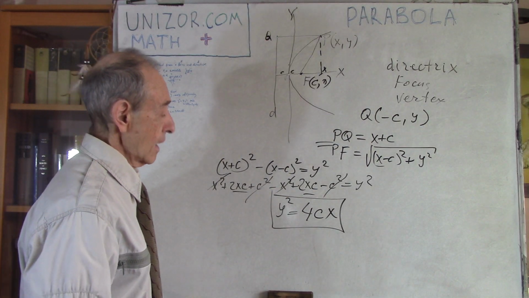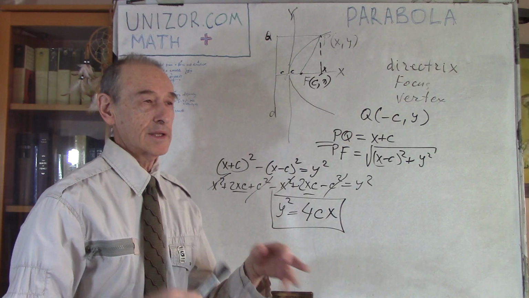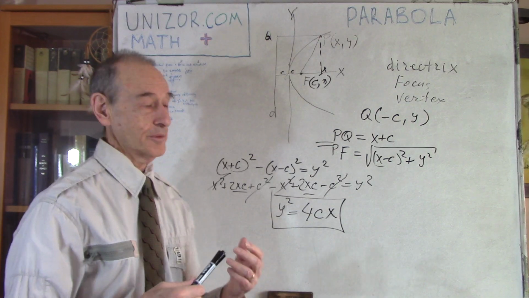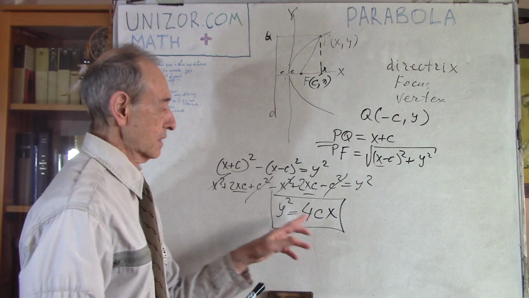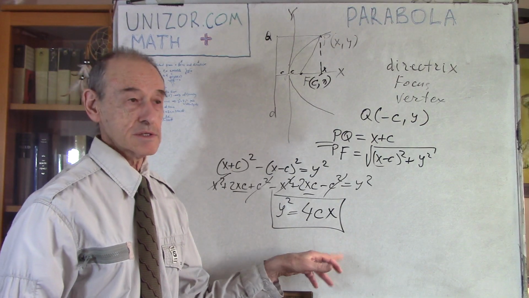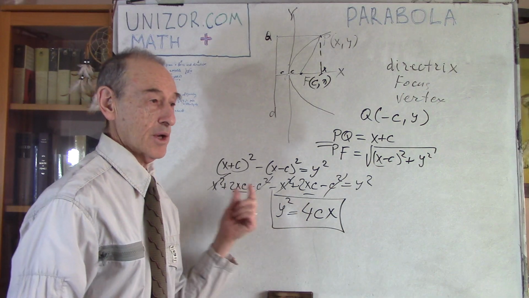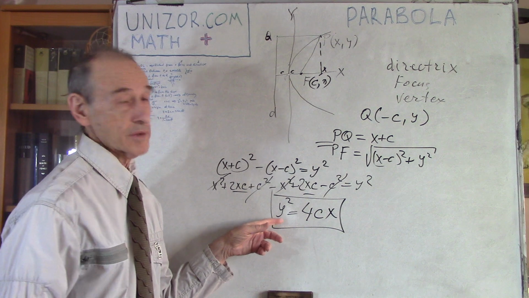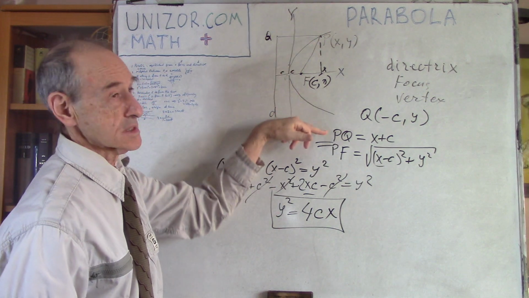Now, let me make the point that this is not an equation of a function in the traditional sense, because traditionally, whenever you have the value of x, you can derive using the formula one and only one value for y. In this case, we derive two values of y, plus and minus. This is the symmetry.